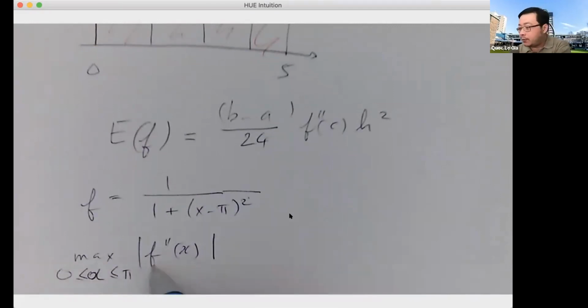This is a calculus problem, and I'm a bit lazy, so suppose I put it in Maple, or sorry, in Wolfram. Let's see whether we can find this maximum easily. In first year you use calculus, but now you are in second year, so you can use Wolfram.